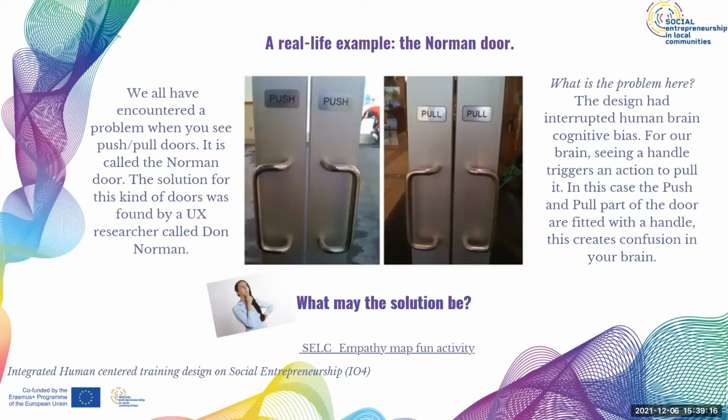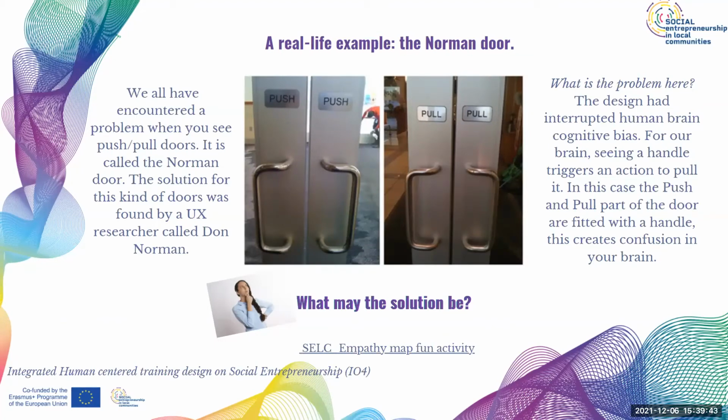Now, just to give you a real life example, the so-called no more door. Surely you have encountered one of these, and surely sometimes you've been pushing instead of pulling and vice versa. Okay, this is just to give an example of the human-centered design approach. So what is the problem here?